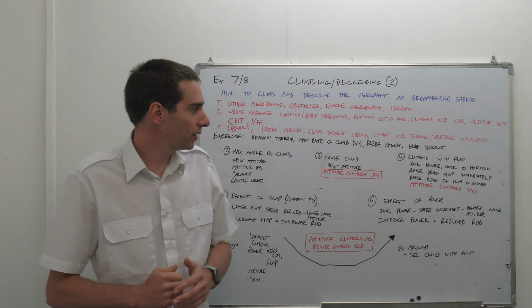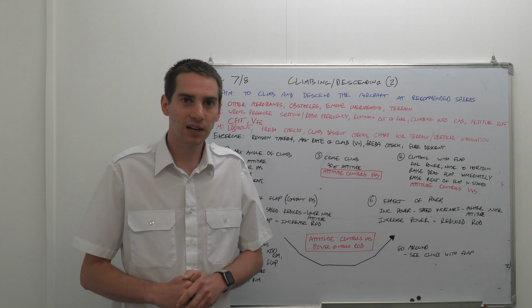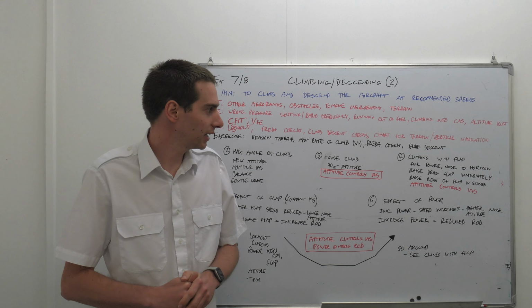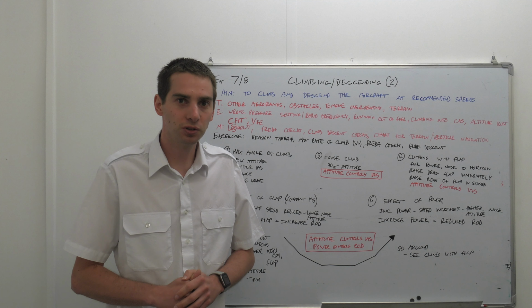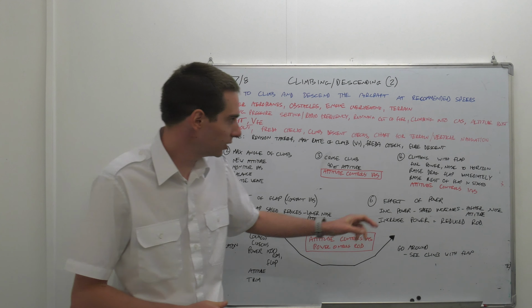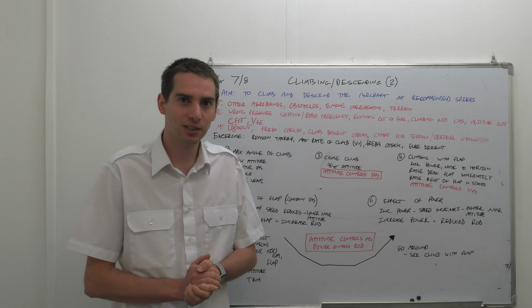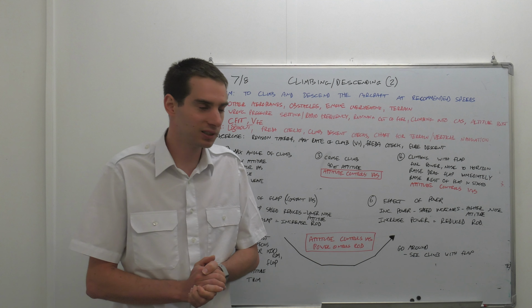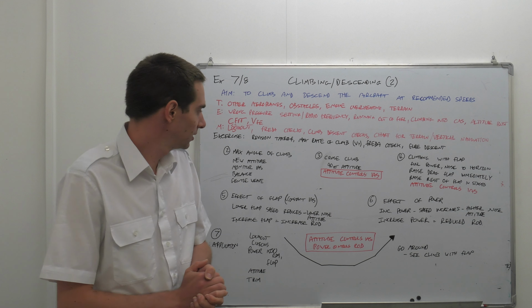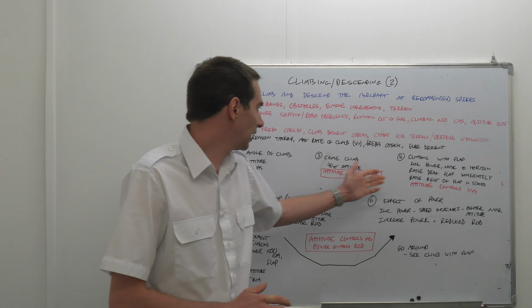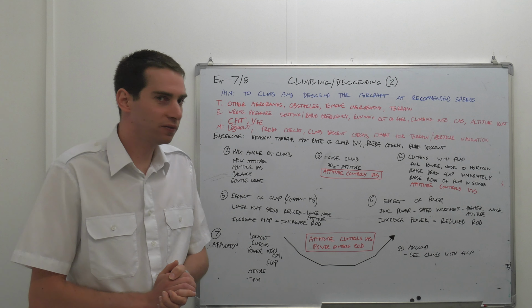Once we're climbing, we can then raise the rest of the flap in stages and gradually reduce the flap setting. Remember, in all stages, the attitude controls our indicated airspeed with full power set. So that is climbing with flap.